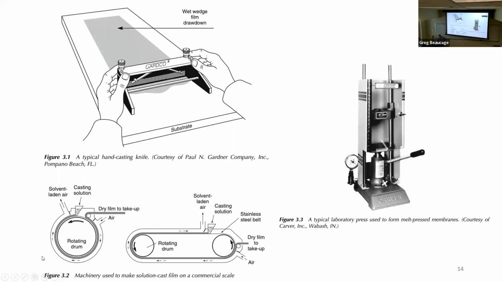And there's air to evaporate the liquid from the film. That could be a variety of things, but like a NIPS process, non-solvent induced phase separation, for making membrane. And then this is the same process, just expanded out with a belt.